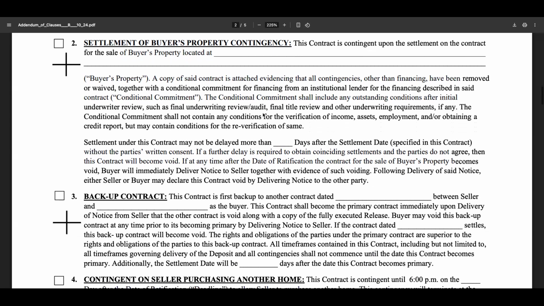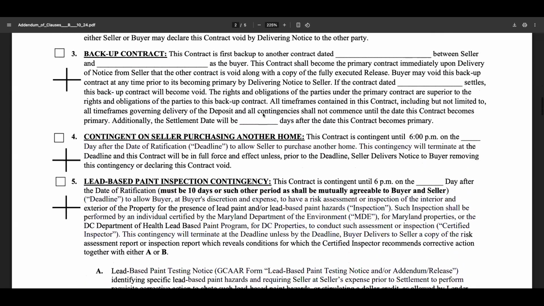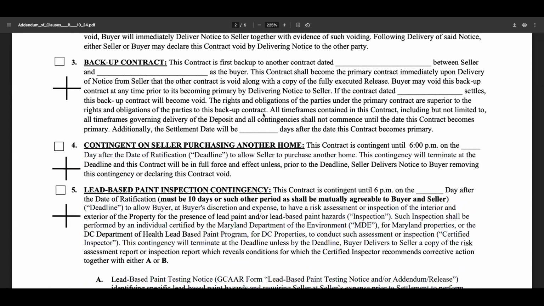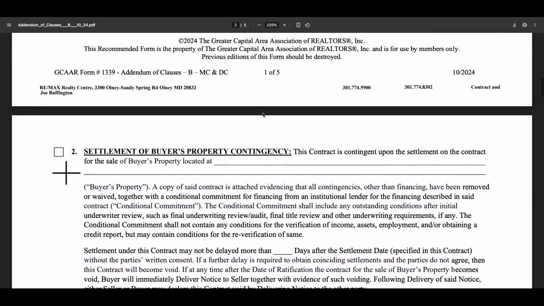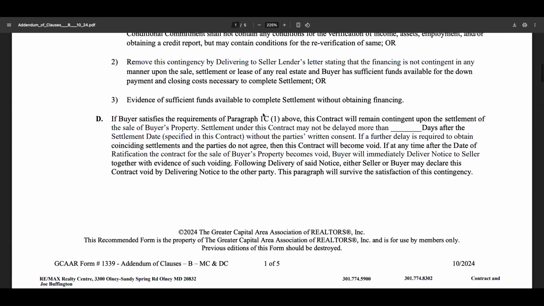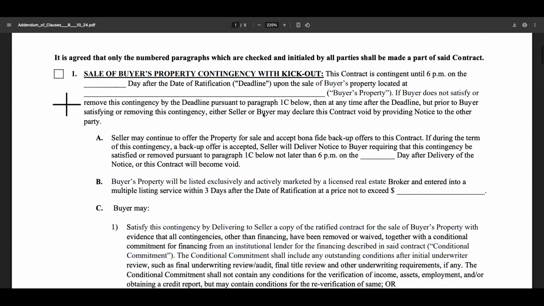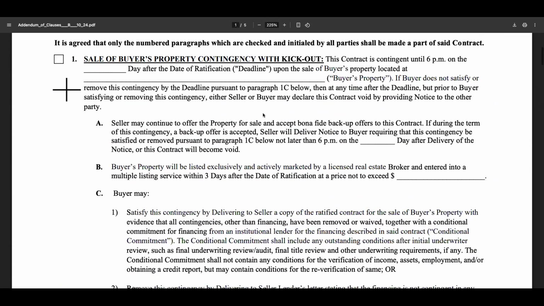You get your home on the market and under contract, but with that contract you add a contingency for your buyer to purchase another home. I'll walk through all of these, so you get three flavors of this. This is the more traditional one, so it's contingent from the date of ratification. We talked about this.